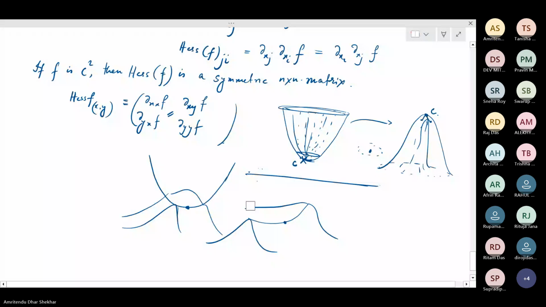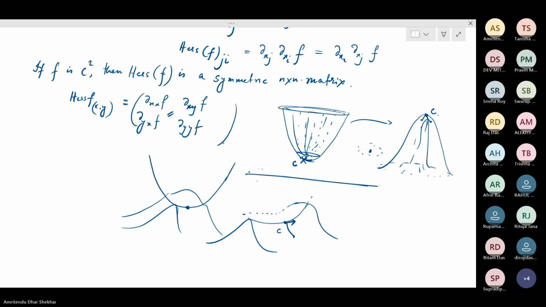So this is how the graph of my function looks like, and this is a critical point C. But this critical point is very interesting because if you move along this direction, then the function value is increasing. But if you move along this direction, then the function value is decreasing. So these kinds of critical points, where along some directions the function value is increasing and along some directions the function value is decreasing, are called saddle points.